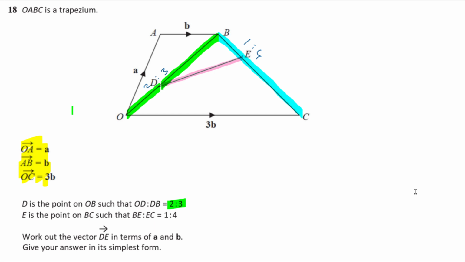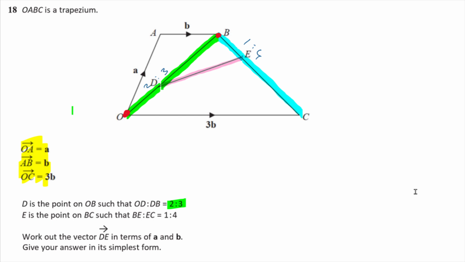Okay. So we need to go via vectors that we know. And we don't know anything about anything on O, D, and B, and B, E, and C. So we're going to have to go around the other ways. So what I think I'm going to do is I'm going to say, well, I've got this point here, O, and this point up here, B. Now I can get from O to B along routes that I know about.